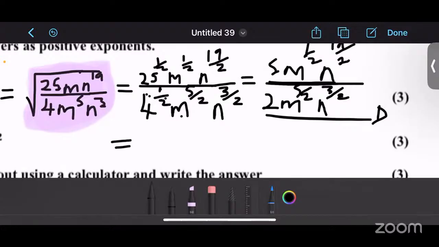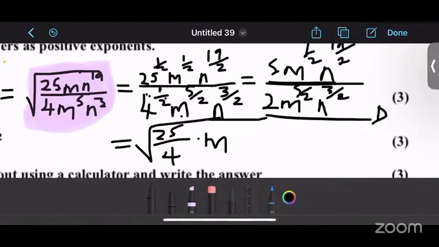Ma'am, write square root of 25 over 4, and then the dot they use to indicate multiplication, because I'm separating them. Then square root of m to the 4, since m to the 5 minus 1 is m to the 4.